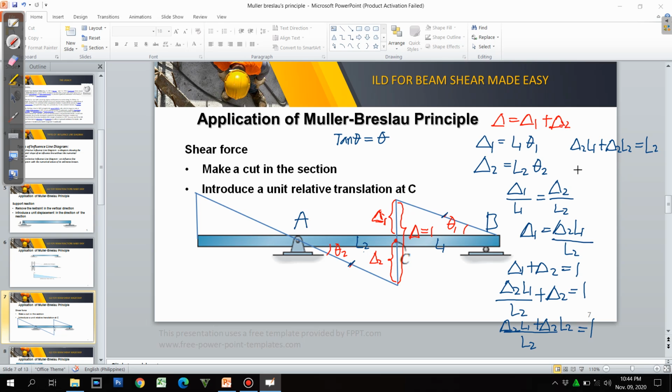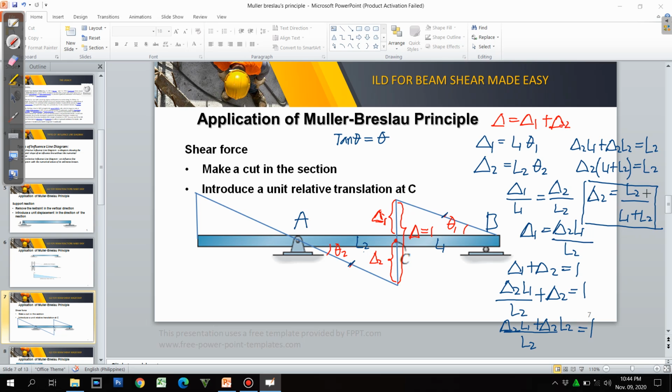Hence, we can factor out delta 2, and what is left is L1 plus L2, equal to L2. So finally, delta 2 will be equal to L2 all over L1 plus L2. So this will now be our concept.